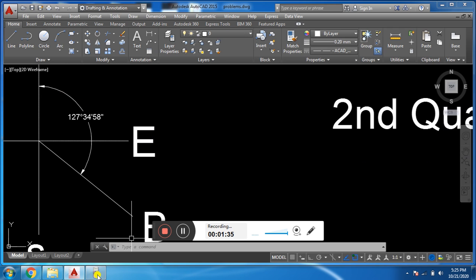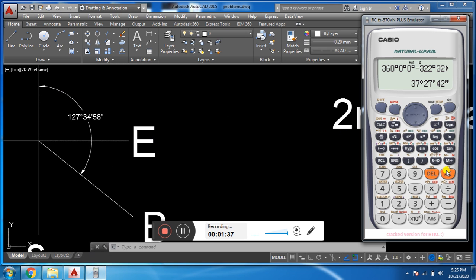For example, 180 degrees minus the whole circle bearing 127 degrees 34 minutes 58 seconds. We have 52 degrees 25 minutes 2 seconds.